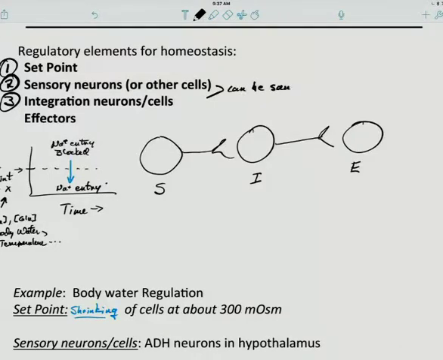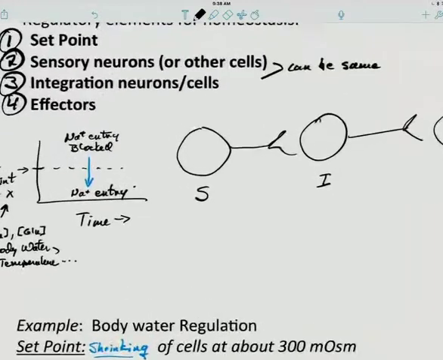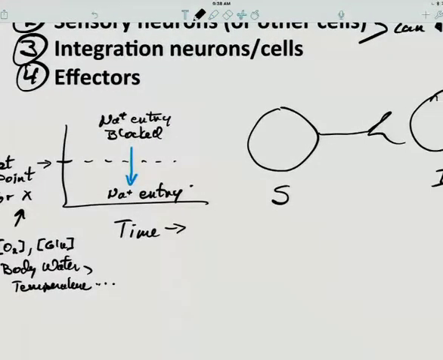So the sensory neurons or sensory cells, they don't have to be neurons, can also be the integration cells. And then 4, we have effectors, something that affects whatever it is. So in all cases, we have a set point for something like X, which could be oxygen or glucose or body water or calcium or temperature.